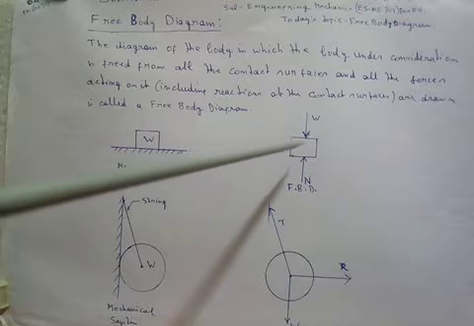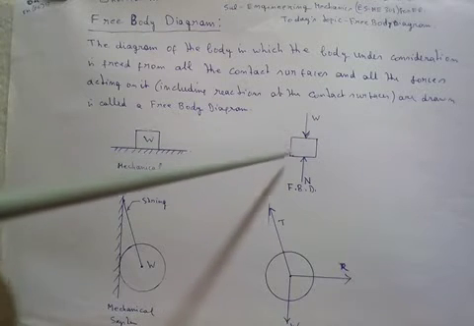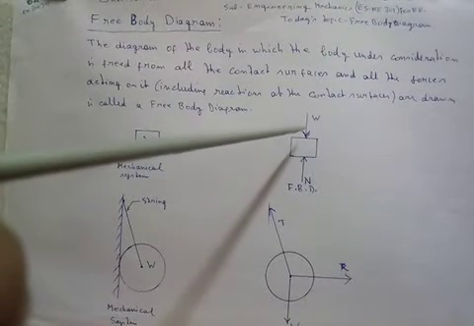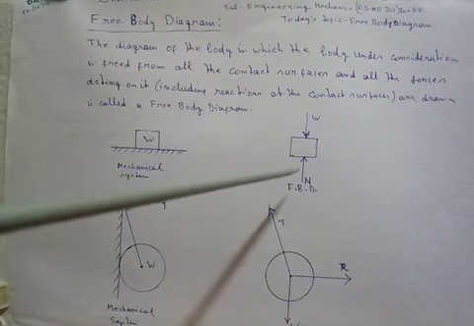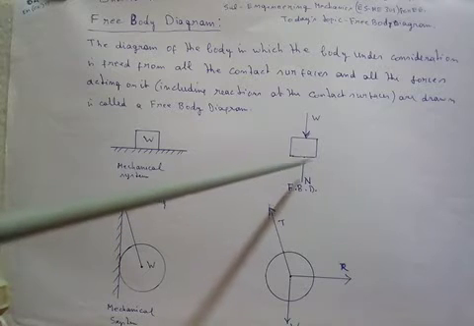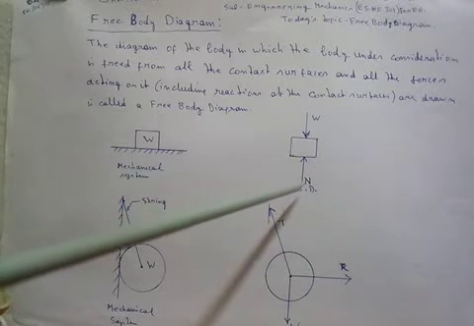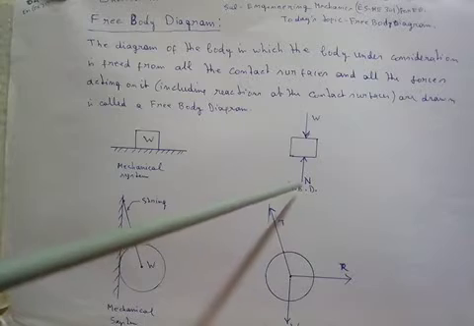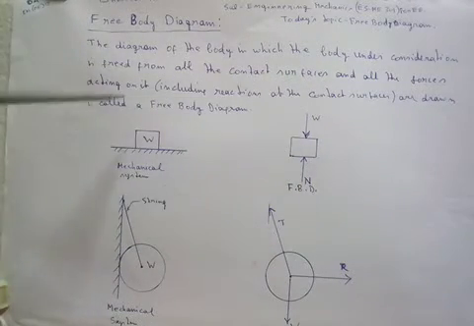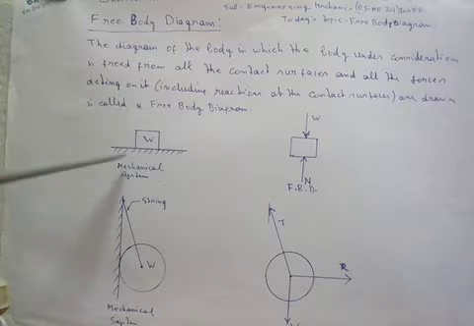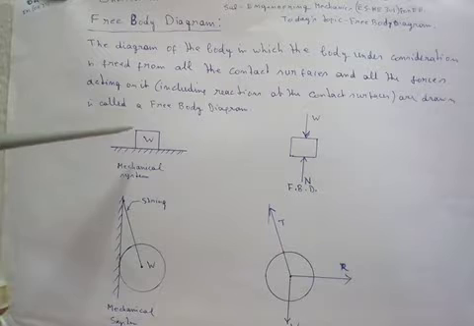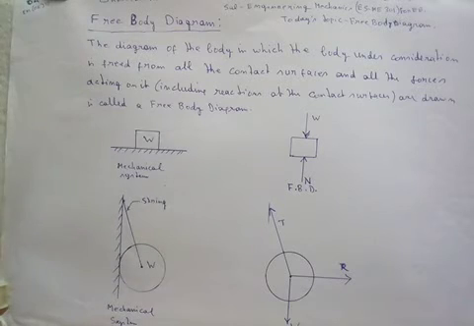The block is drawn here, then the vertically downward force W is acting, and the reactive force, which is normal to the horizontal, is acting vertically upward. So this is the free body diagram of this mechanical system. This is the simplest example of a free body diagram.